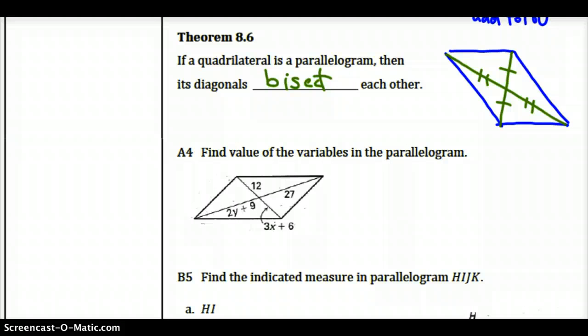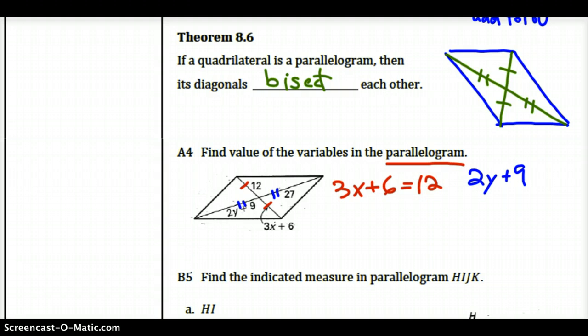An example of a problem with that property, since again it's a parallelogram, we know that those two pieces are congruent, so we can say that 3x plus 6 equals 12. And likewise, we get 2y plus 9 equals 27.